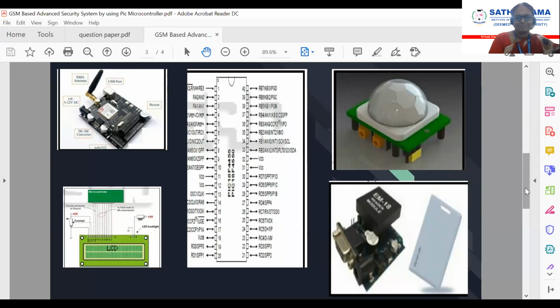Top right is the PIR sensor. It is the electronic sensor that measures infrared light radiation, based on motion. Swati, your voice is interrupting.